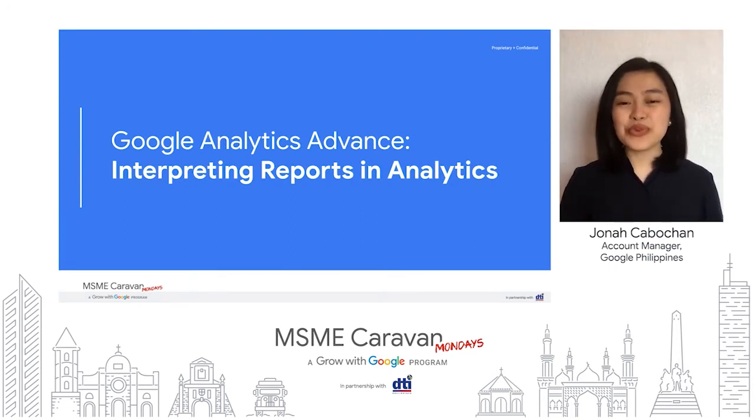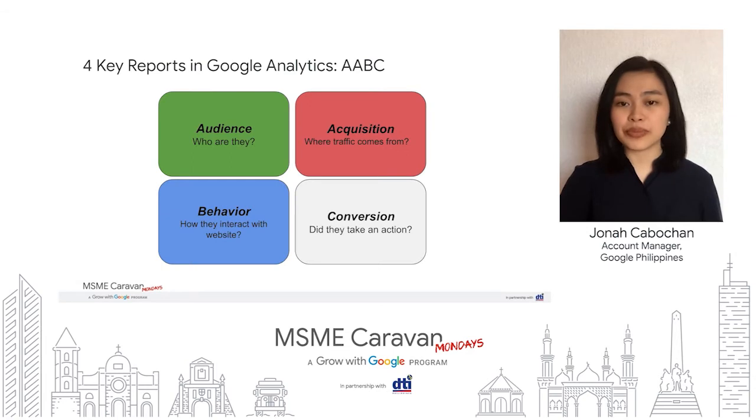All right, let's move to the last section, which is all about interpreting and analyzing reports in Google Analytics. There are actually 4 key reports, which we call our ABCs of GA. The first one is all about audiences. Who are your customers? Who are the people visiting your website? Second is acquisition. Where are they coming from?